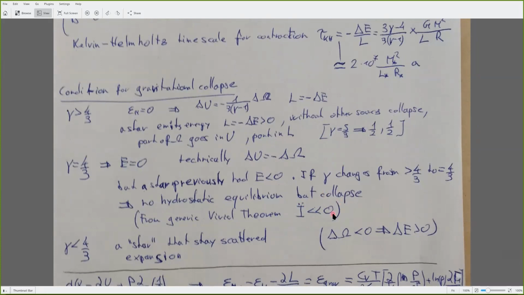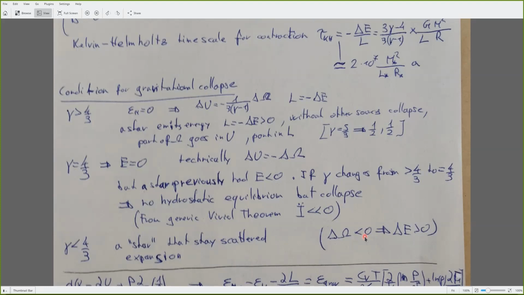That means the star is contracted, in collapse. For gamma below 4/3, the gas is in continuous expansion, because if it contracts and collapses, the total energy increases.